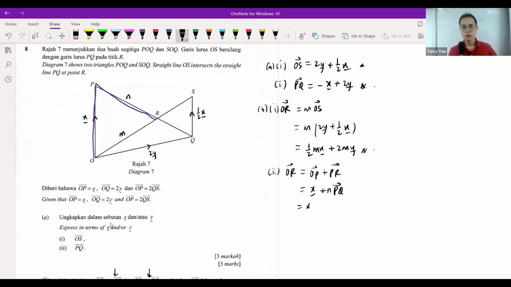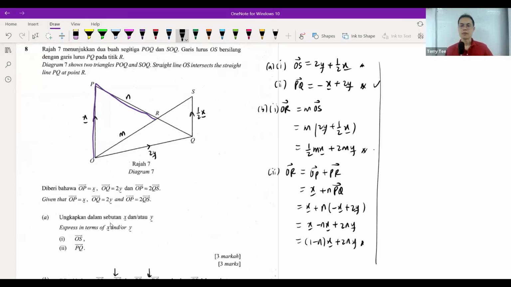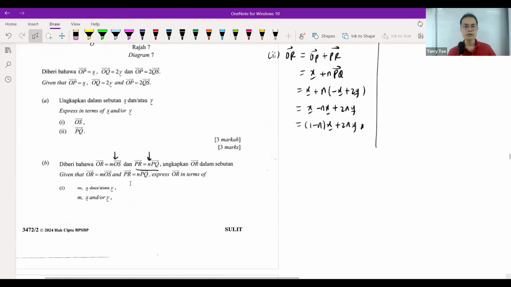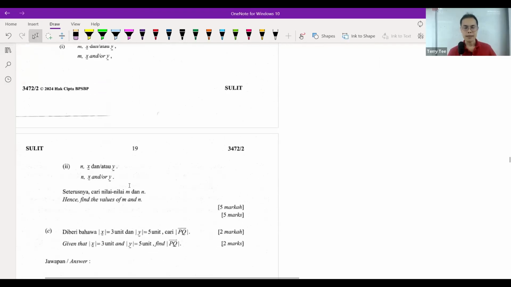So your PQ, we already know earlier, it's negative X plus 2Y. Put them together, you get X minus NX plus 2NY. Factorize your X, you should get this answer.